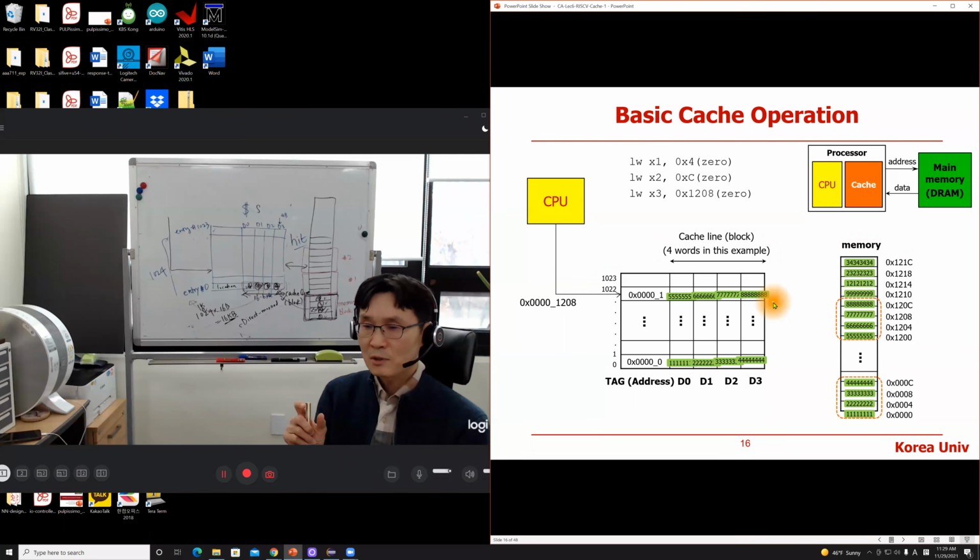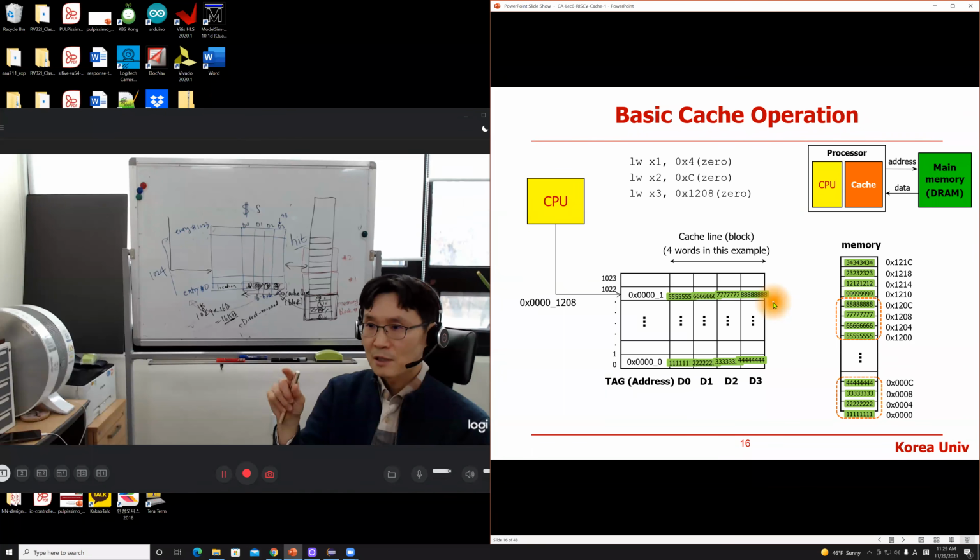That is an important message: the cache is trying to take advantage of locality properties in your program. Temporal locality: you access one memory location, you are very likely to access the same location again and again in the near future.